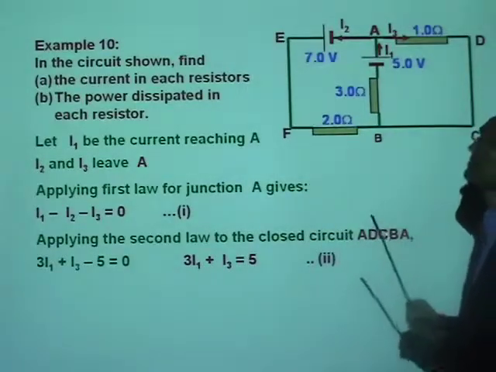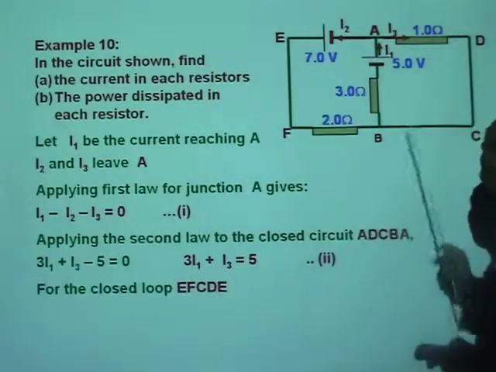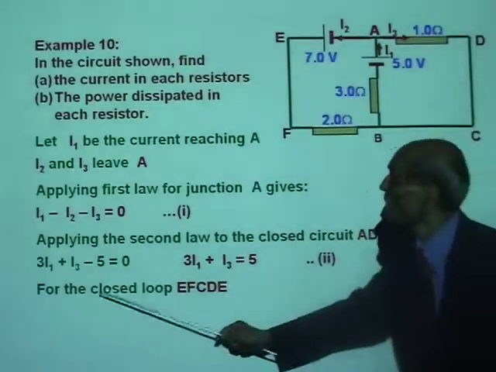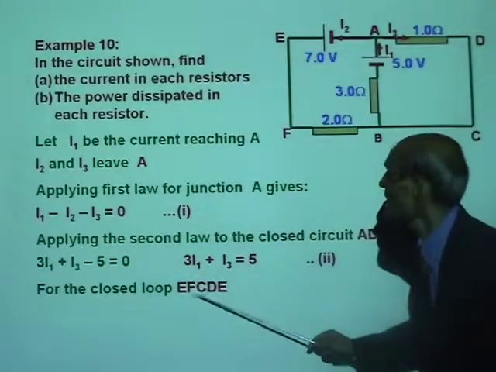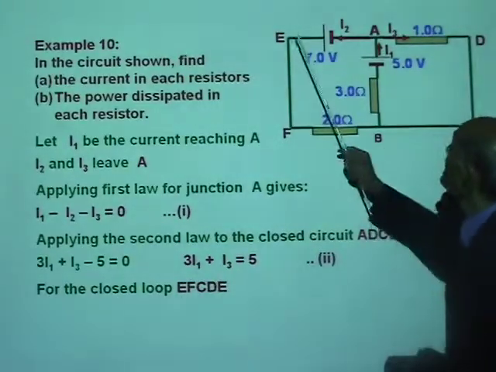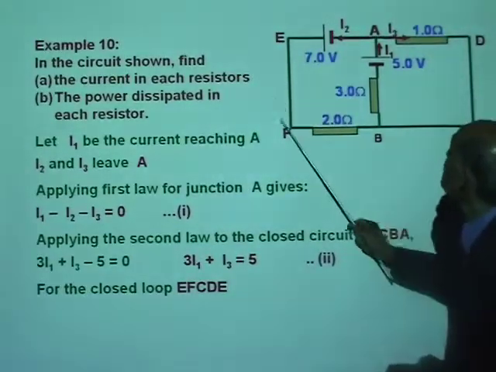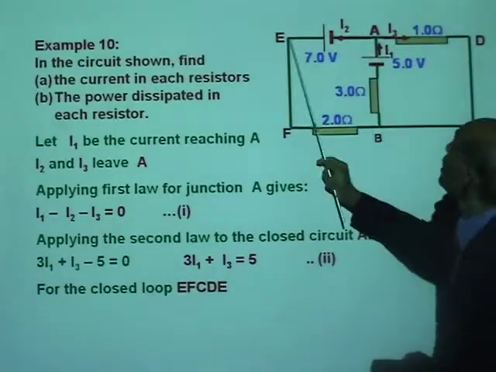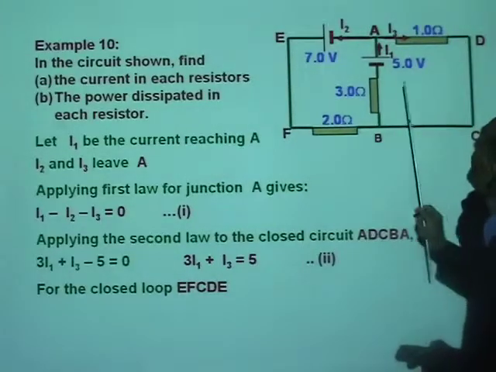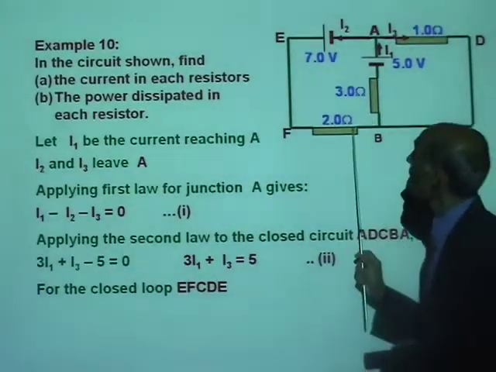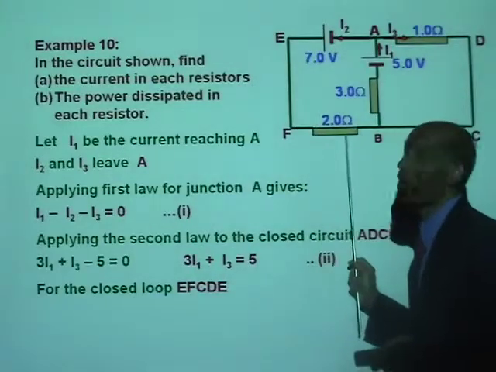is our second equation. And now let's choose the closed loop EFCDE. This time I chose the outer closed loop. And now look at the way. Can you tell me what is the current in the 2 ohm?